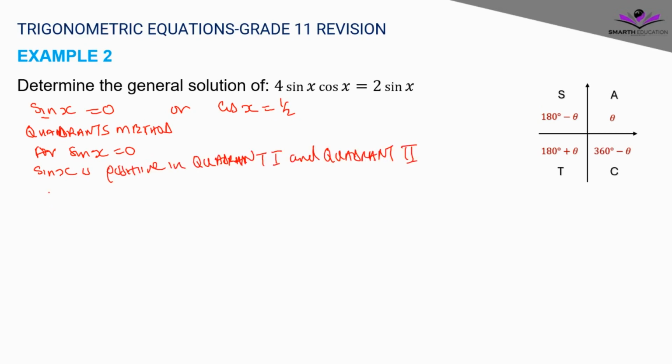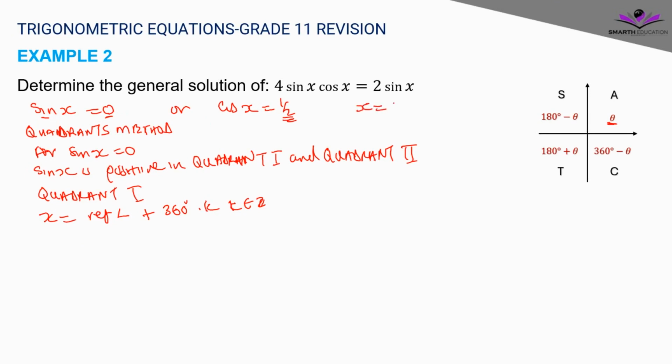In quadrant 1, x is equal to our reference angle plus 360 degrees times k, where k is an integer. Our reference angle for this one is 0, and for cos x it is 60 degrees.